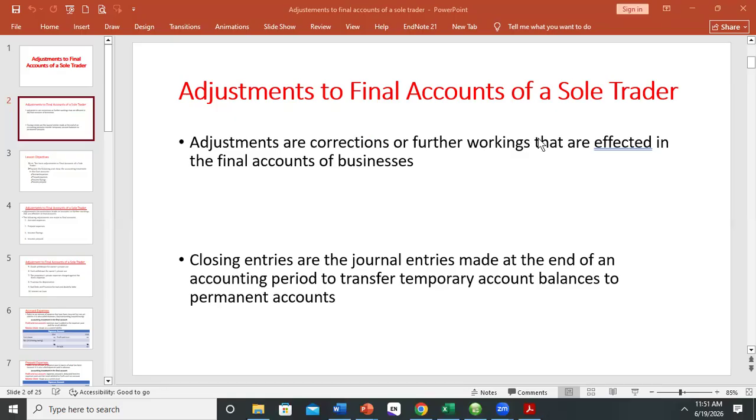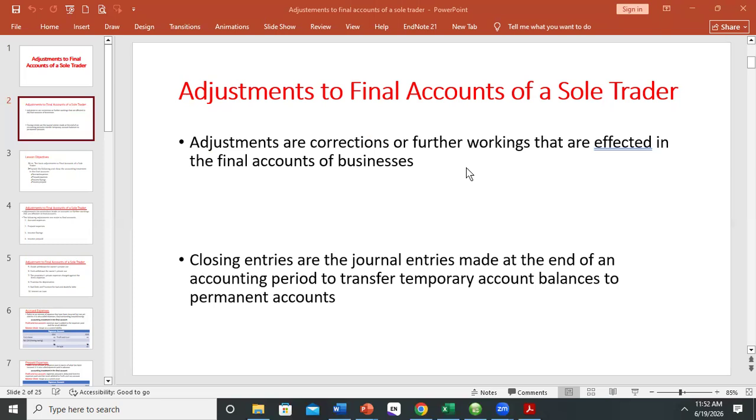Okay. Thank you. So, like I've hinted, adjustments are corrections or further workings that are effected in the final accounts of the business. So it could be further subtractions or further additions.